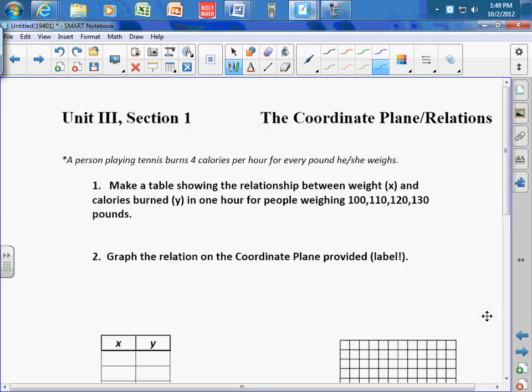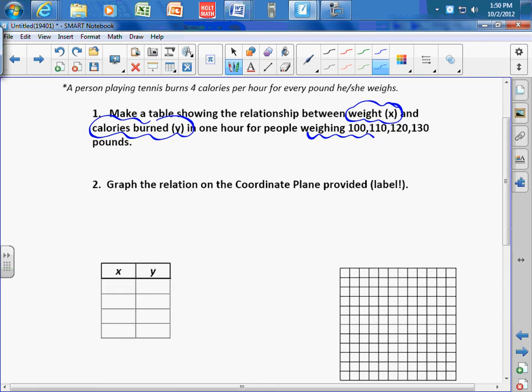Then lastly, we have a story problem here. Make a table showing the relation between weight x. Notice that the weight is going to be the x variable, and calories burned y. Now, a person playing tennis burns 4 calories per hour for every pound he or she weighs. Now, if we knew that to be true, then a person who weighs 100 pounds, that's our first x, so we'll put it here.